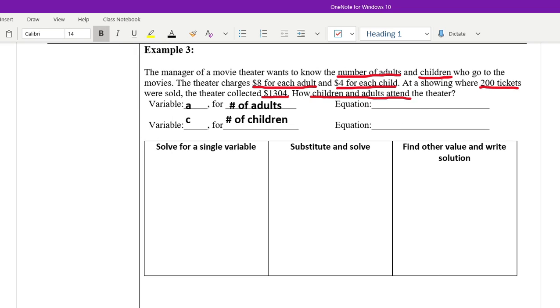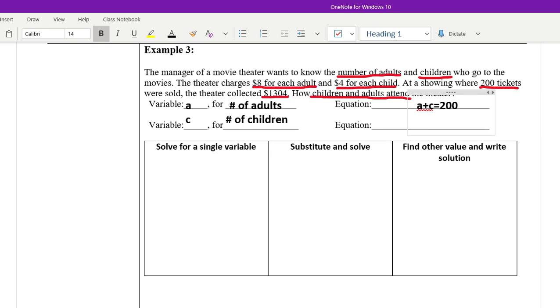It says that 200 tickets were sold, our tickets being adult tickets plus our children tickets. And this is equal to our 200. Our second equation will talk about the price and rate for each adult and child ticket.